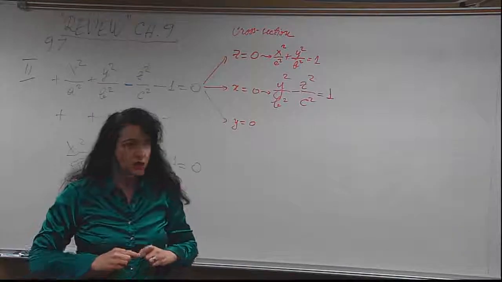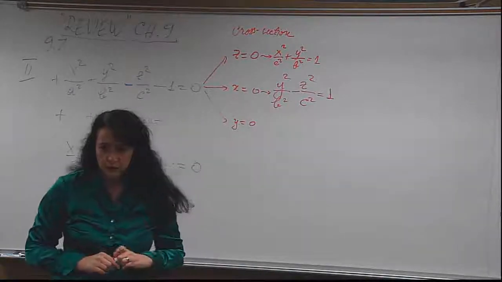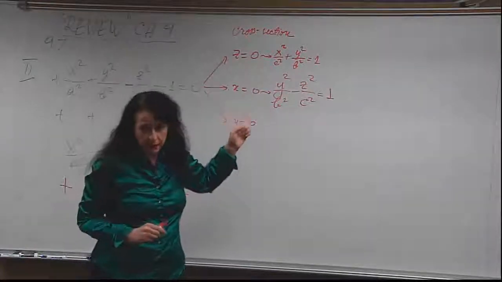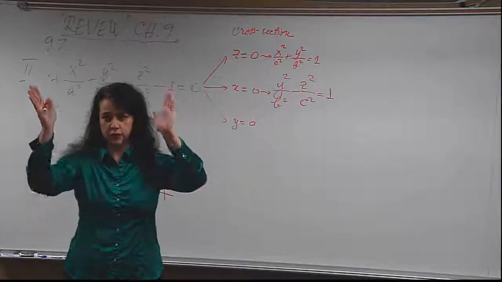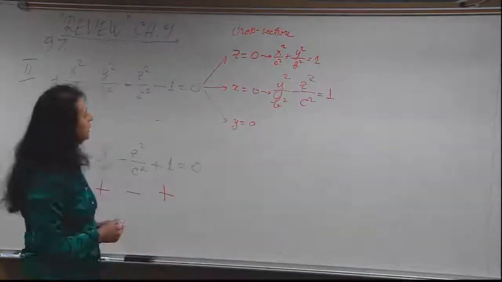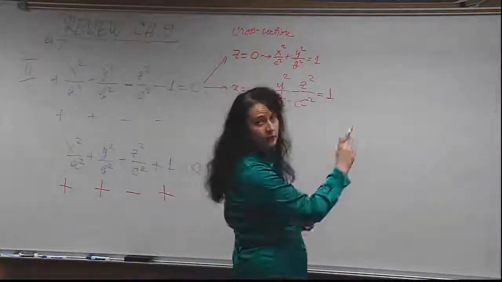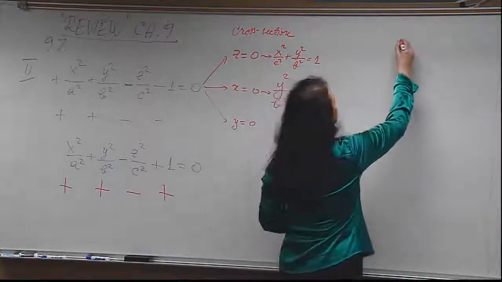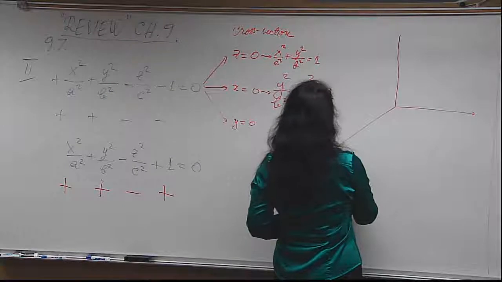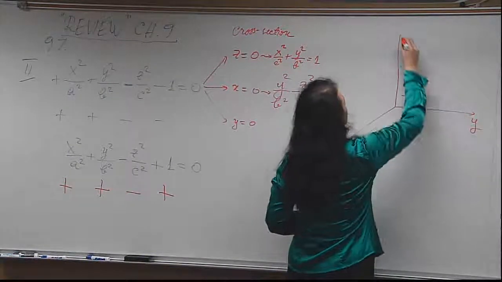It's a standard conic, a parabola in the YZ plane. So if this is the YZ plane, it will look like that. So I should start drawing. Do you see me on video? Yes. So I'm going to have X, Y, and Z.